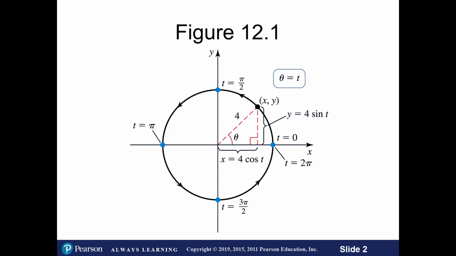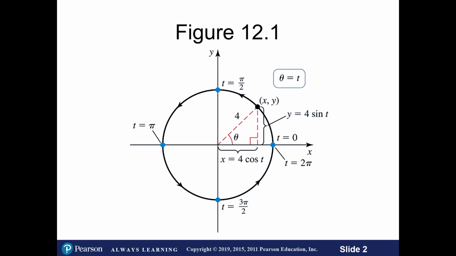As I move counterclockwise and increase theta, then my xy points correspond to trig values, where the x value is the radius 4 times the cosine of the angle theta, and the y value is the radius 4 times the sine of that angle theta.